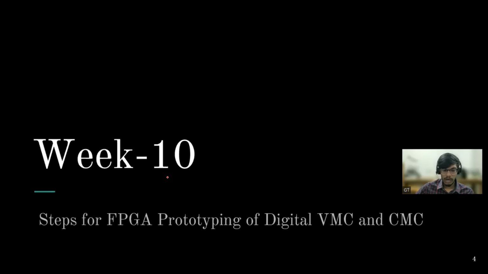Now, coming to week 10. In week 10 we'll be discussing mainly three aspects. The first part is digital voltage mode control and current mode control hardware results. Sir will show the live demonstration of these, digital VMC as well as mixed signal current mode control.